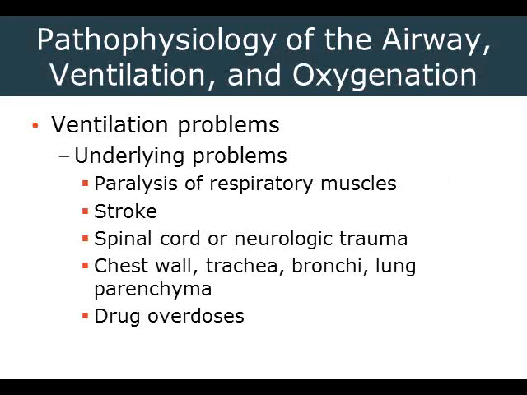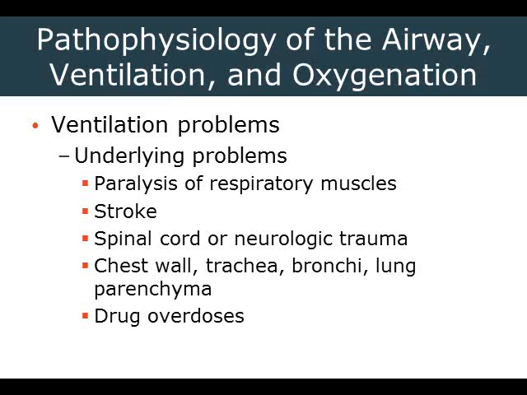We may have some other underlying problems, like paralysis of the respiratory muscles, which is typically a nervous system issue where the nervous system cannot send the signals to the muscles. We may have had a stroke, and when the patient has a stroke, it may have affected the brainstem and the lower parts of the brain that affect breathing, or the stroke has actually affected the nerves and muscles of the skeletal system.